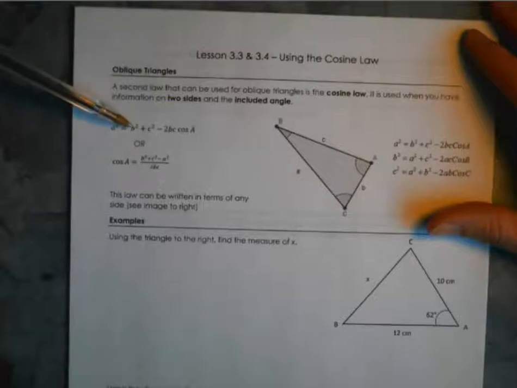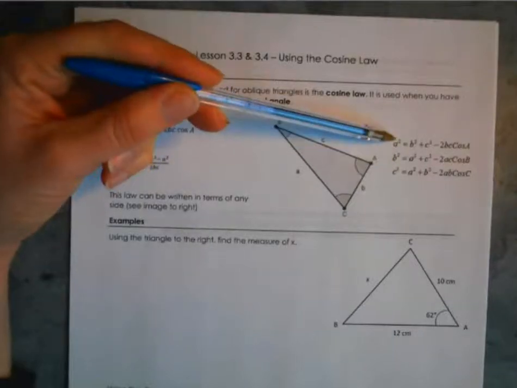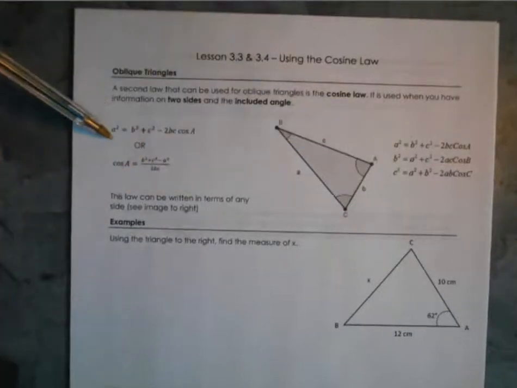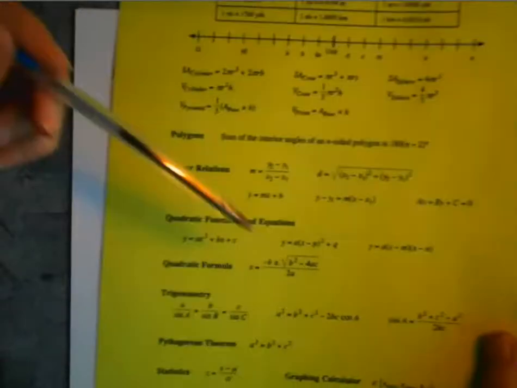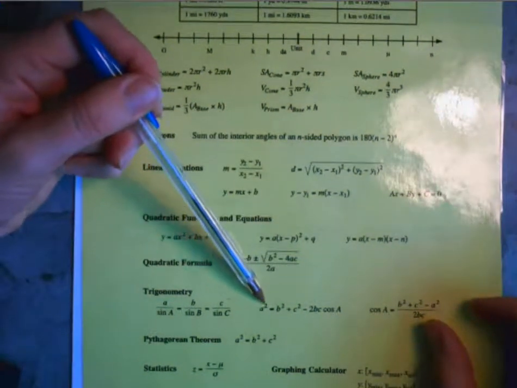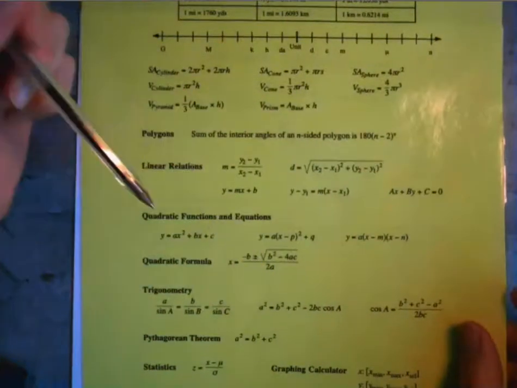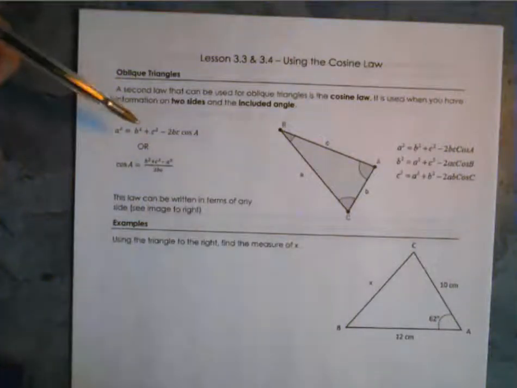There are different versions of the cosine law that you will find, which I've written down over here, but this is the one that's on your formula sheet. So here's the formula sheet you can use on tests. We'll look at how you can manipulate it depending on the sides of the triangle.